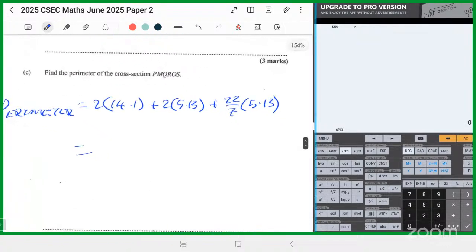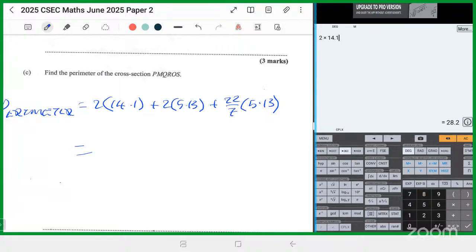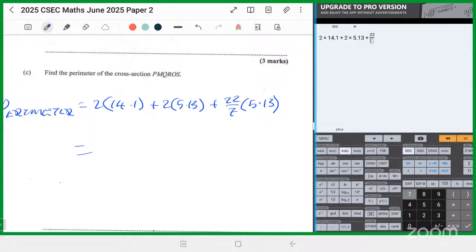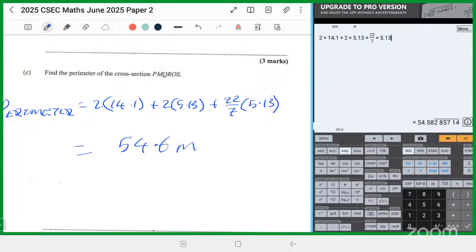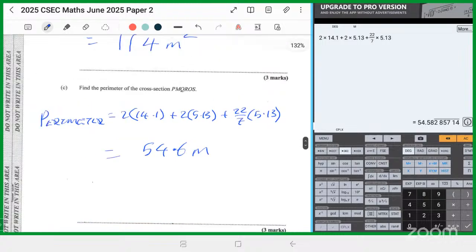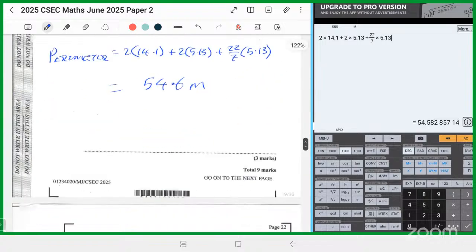So it is 2 times 14.1 plus 2 times 5.13 plus 22/7 times 5.13. That's 54.6 meters. The perimeter, 54.6 meters. Done.